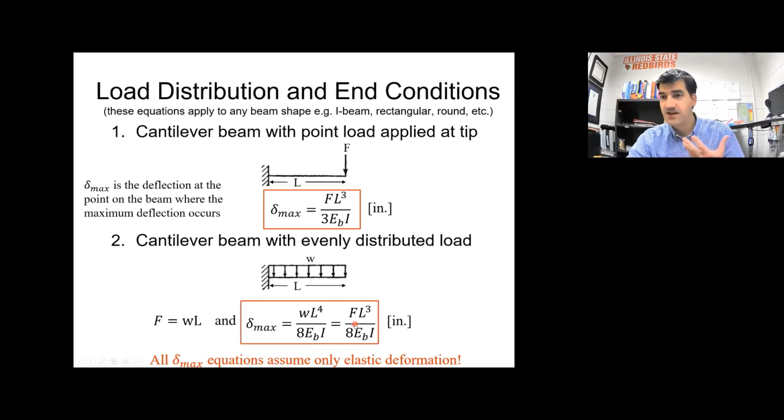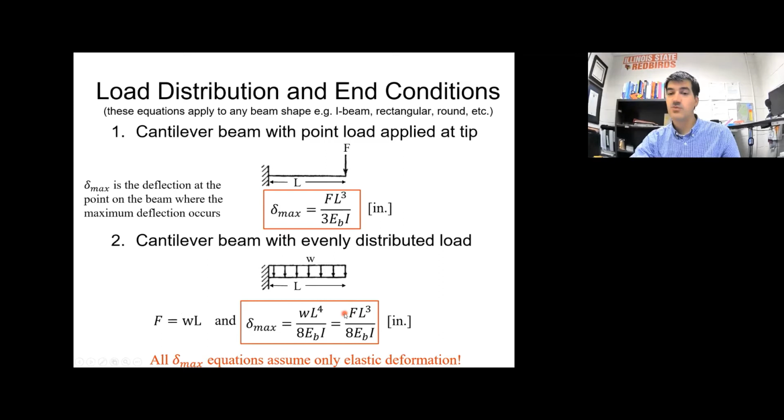So the equation I normally use is this one after I calculate F, which I get from this equation over here. Makes sense? For practical purposes, you can really ignore this part of the equation, as long as you're comfortable using this equation to find the total force on this beam. After that, we can just use this equation.